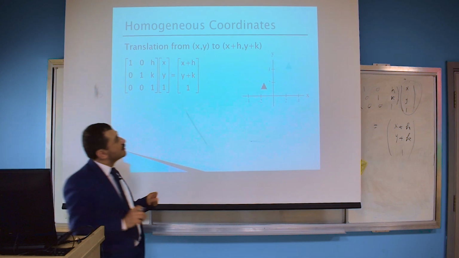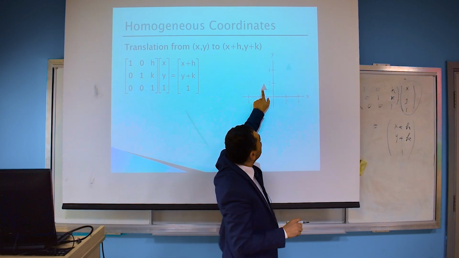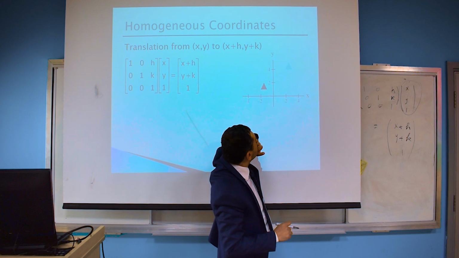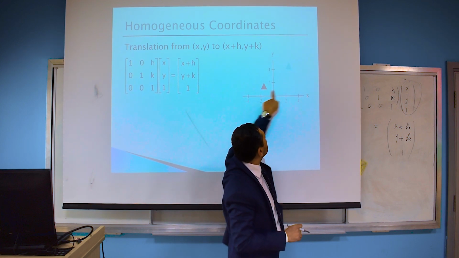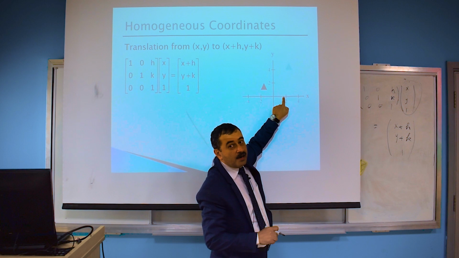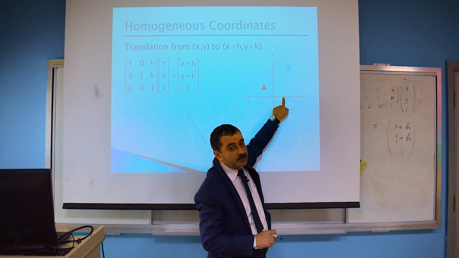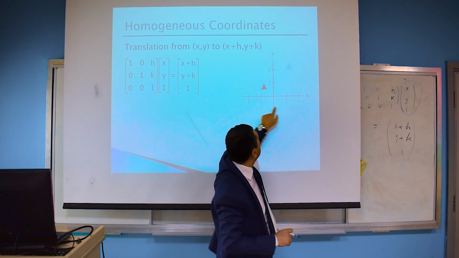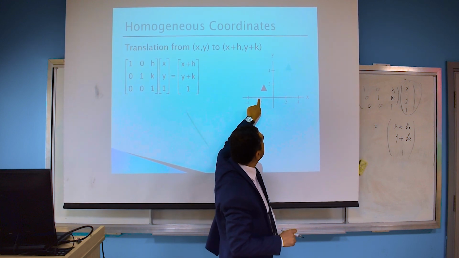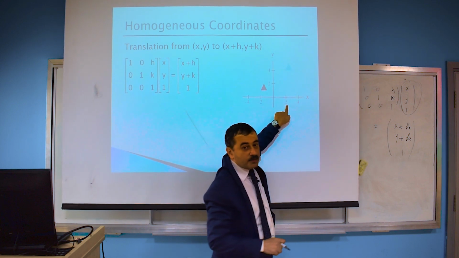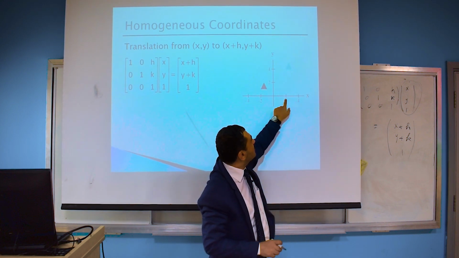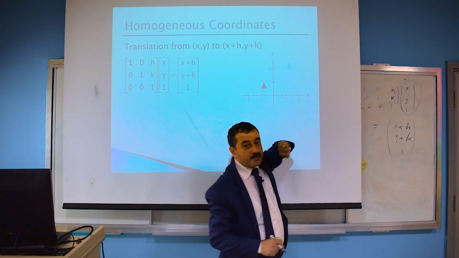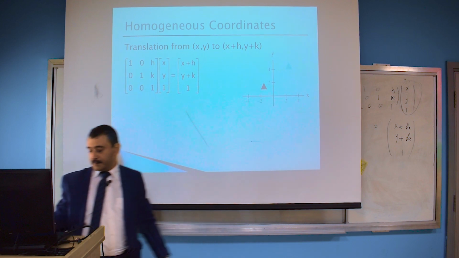So if this is the original object and you want to translate it to this place, you have to do translation in x by 4. You take this point at x equal negative 2 and this point at x equal 2. So you shift x by 4. And if this is 1, you are going to shift y by 3.